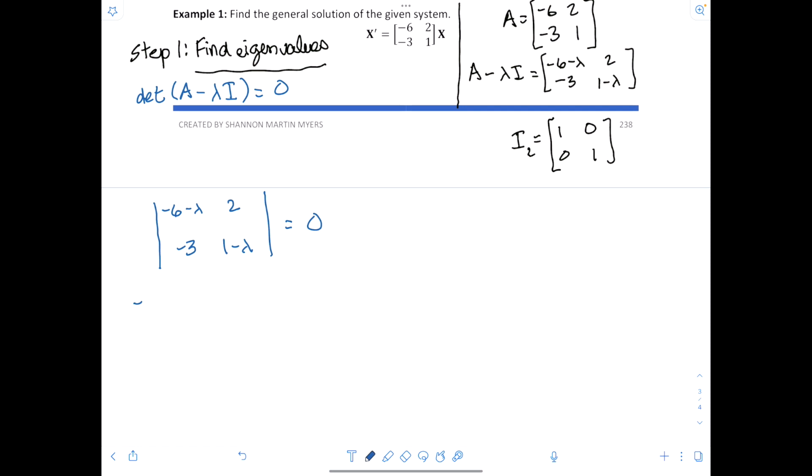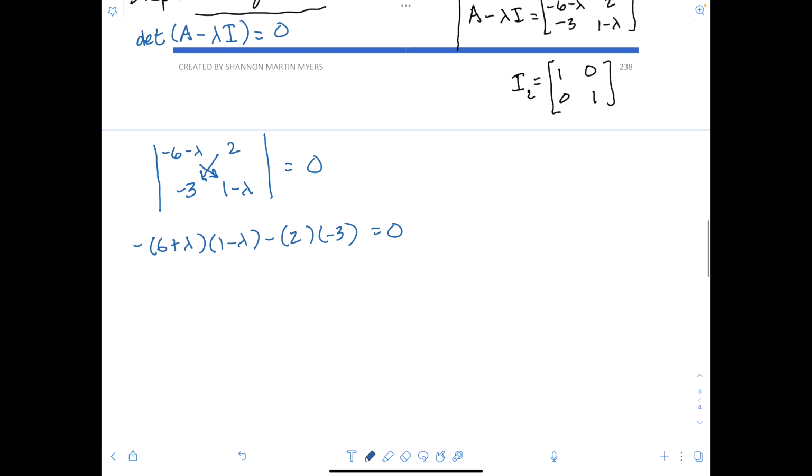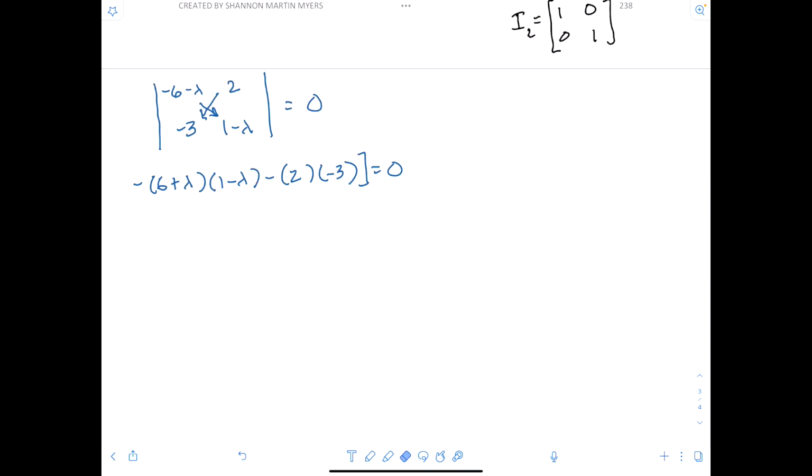So then I'm going to factor out the negative from the 6 minus lambda. We'll have 6 plus lambda times 1 minus lambda, so you multiply across and then you subtract the other side. So then minus 2 times negative 3, all of that would be equal to 0. We'll have negative 6 minus 6 lambda plus 1 lambda minus lambda squared, and then plus 6 equals 0.